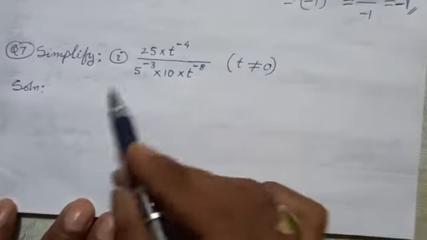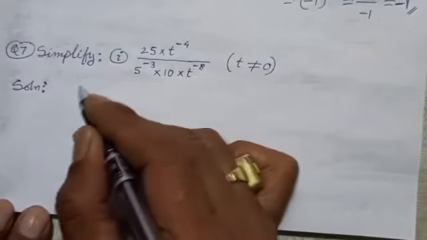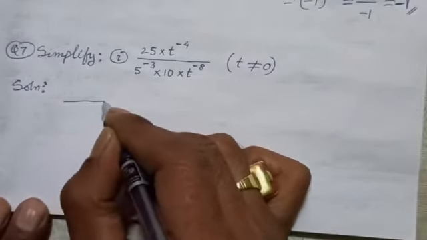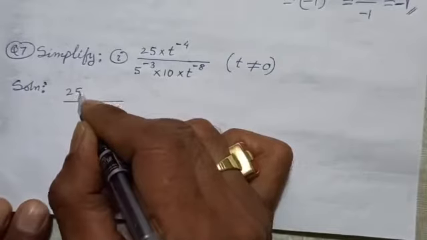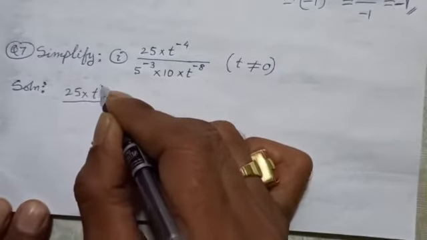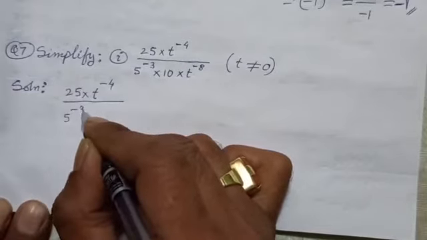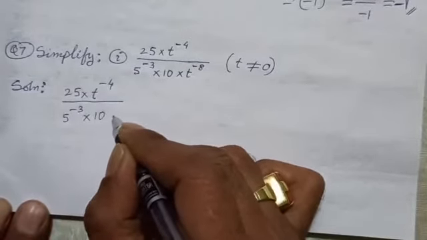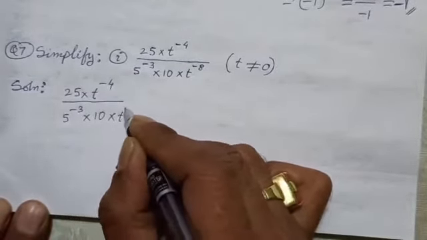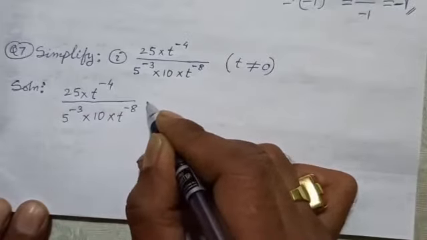Now solution. Let's copy the question: 25 into t to the power minus 4 by 5 to the power minus 3 into 10 into t to the power minus 8. Next steps.